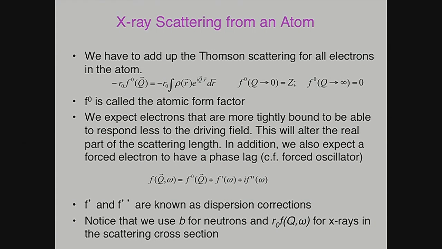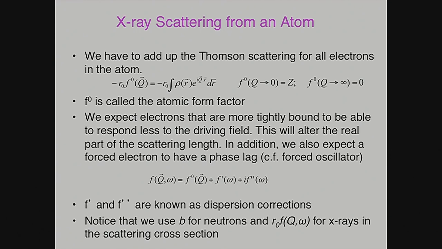So let's come back. What we've been talking about now is neutron scattering, and I showed you how to get this expression for the structure factor. We have to talk about something a little bit different in the case of X-ray scattering, because remember what we calculated before was this Thomson length, R0, and that was for a single electron.